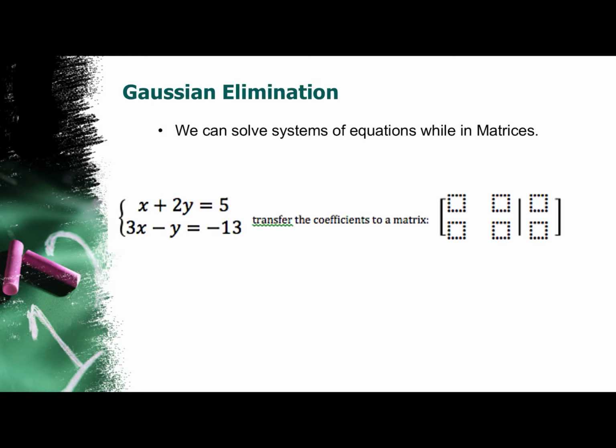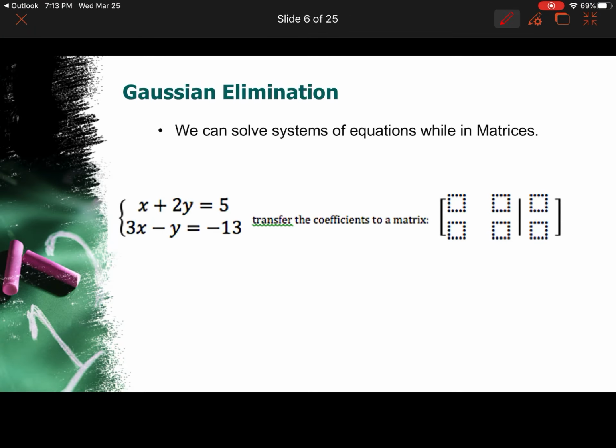Okay, so this is the first one we're going to do. We're going to do this little 2 equations, 2 variables. So I want you to transfer those numbers over there. If you want to pause the video for a second so you can get that done before I do it for you, so that you can learn how to do it, right?